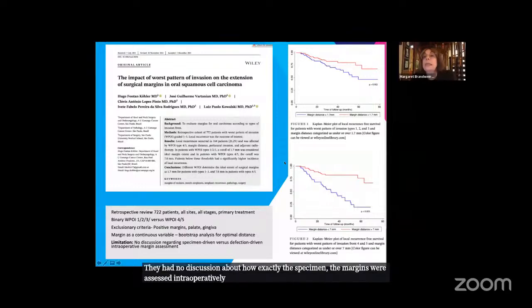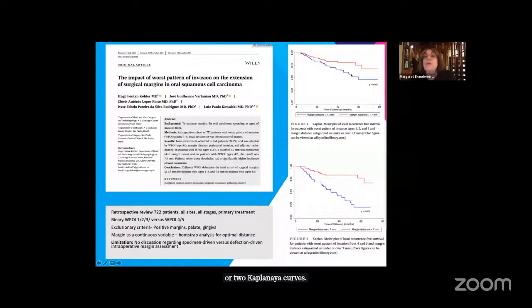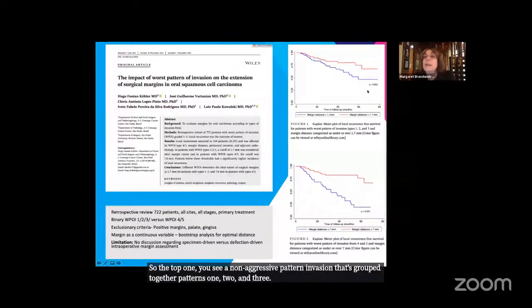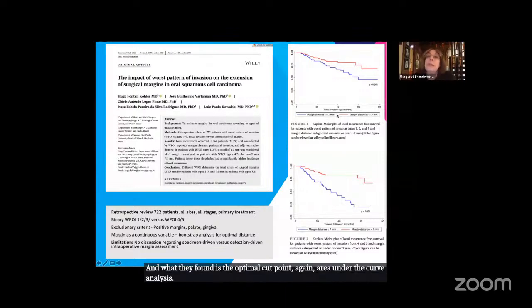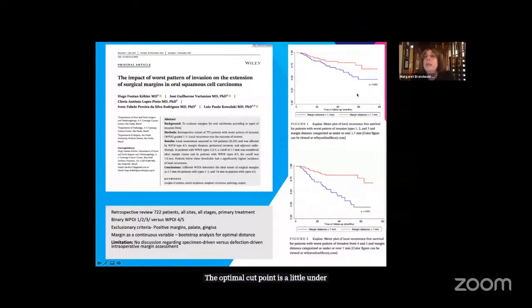But what you see here are two Kaplan-Meier curves for the binary pattern of invasion. So the top one, you see non-aggressive pattern of invasion that's grouped together patterns 1, 2, and 3. And what they found is the optimal cut point, again, area under the curve analysis, the optimal cut point is a little under 2 millimeters.